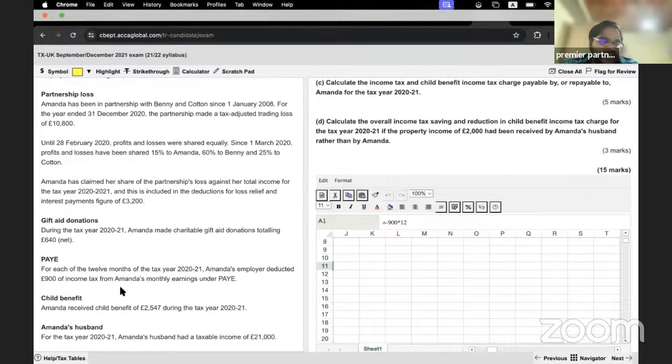Amanda received a child benefit of 2,547 during the tax year. Amanda's husband. For the tax year, Amanda's husband has a taxable income of 21,000 pounds. So that is the rest of the scenario. Are we okay? Any queries or anything that you are not clear about the balance part of the scenario? Right. So 8 marks means how many minutes that you guys have to conclude on this one?